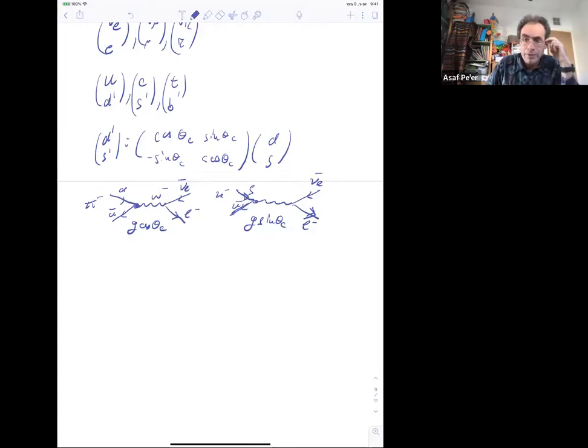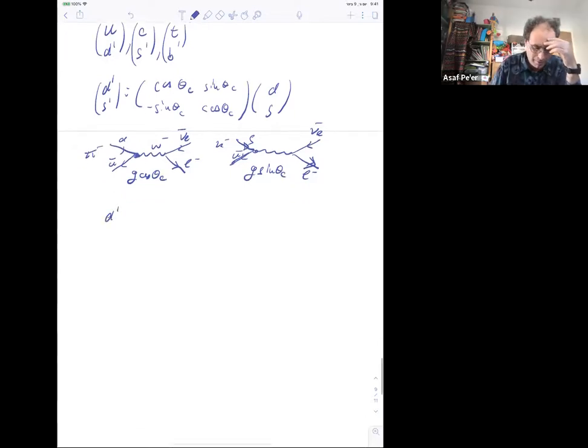Again, at the time there were only 3 quarks known, and later on, Kobayashi and Maskawa generalized Cabibbo's idea and the Cabibbo matrix into 3 generations, because by then there were 3 generations known.